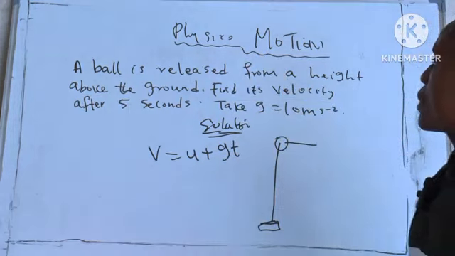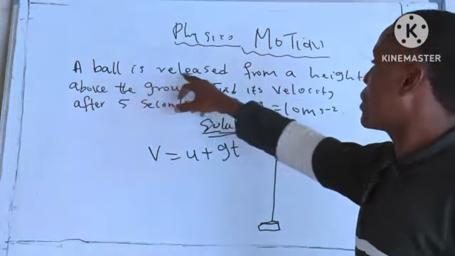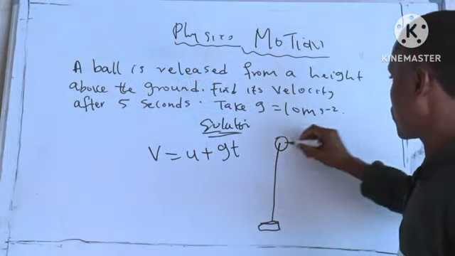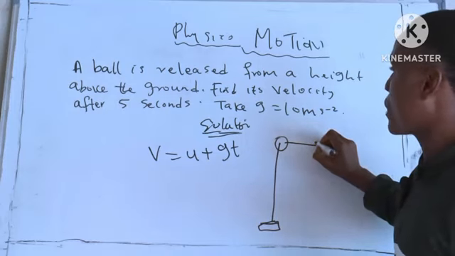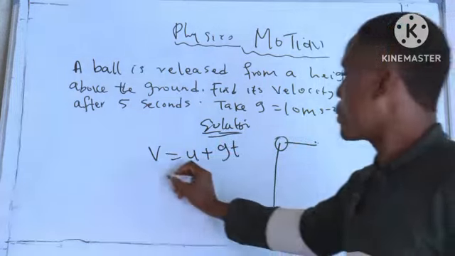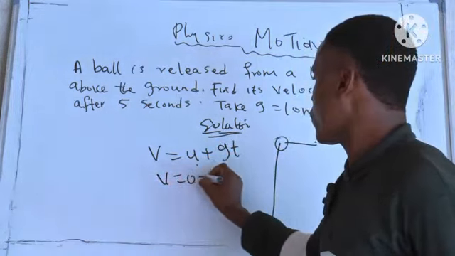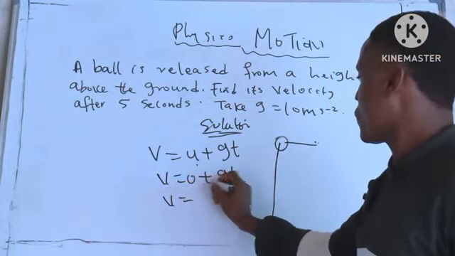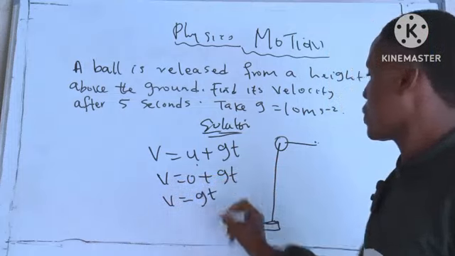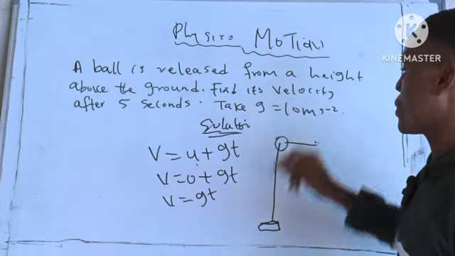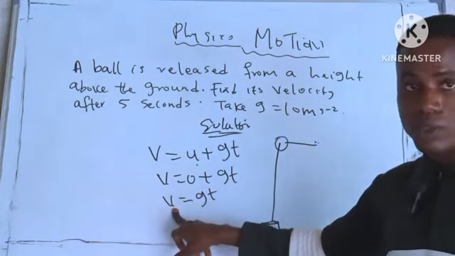Now, they said a ball is released from a height, meaning the ball is released from this particular height. So from the explanation, u is 0. It will now be v equals 0 plus gt, which still gives us gt. They said find its velocity, so we are asked to find the final velocity.